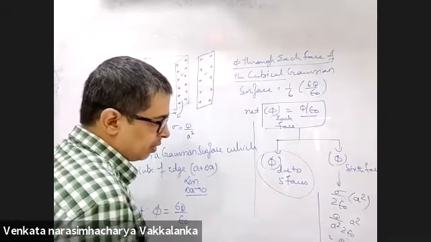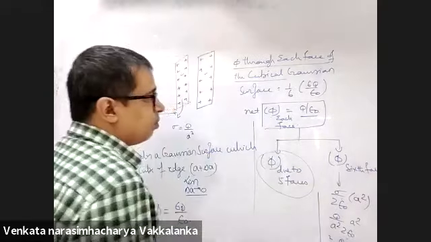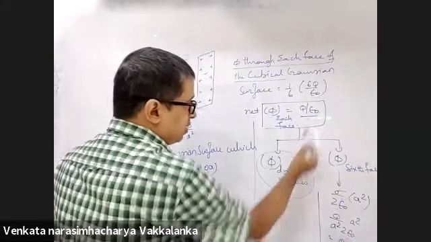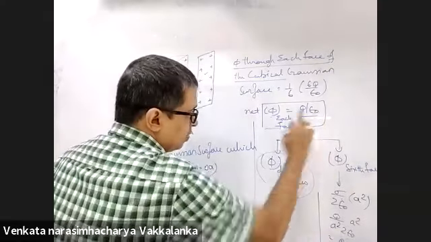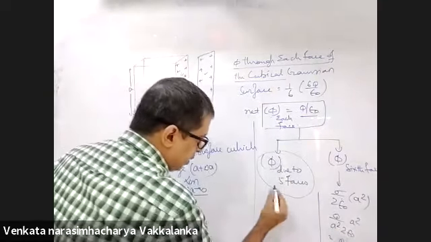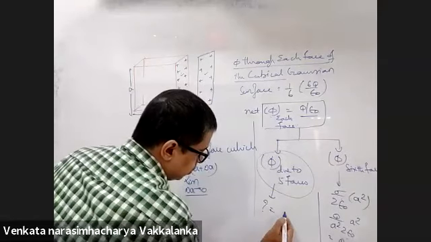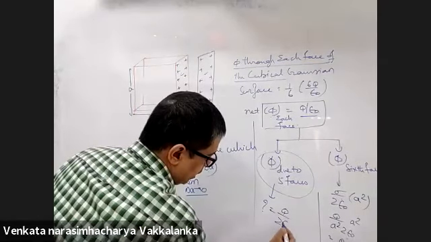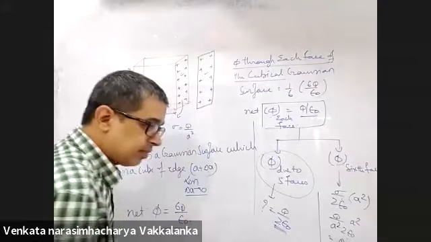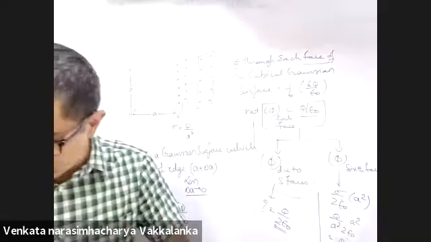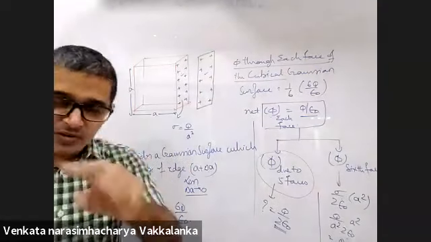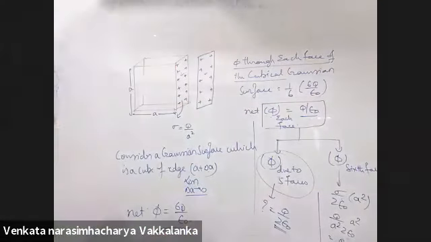This q by 2 epsilon naught plus this should be equal to this. This plus this is q by epsilon naught. So how much will this be equal to? Q by 2 epsilon naught. Now substitute this in the expression which we derived and tell me if you are getting the answer or not. Yes, sir. We are.